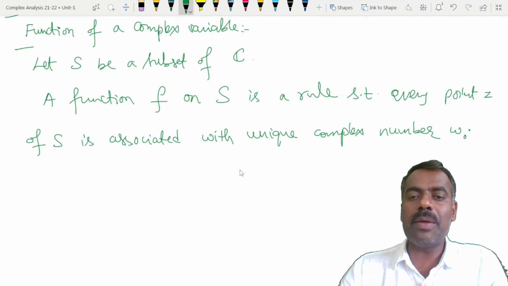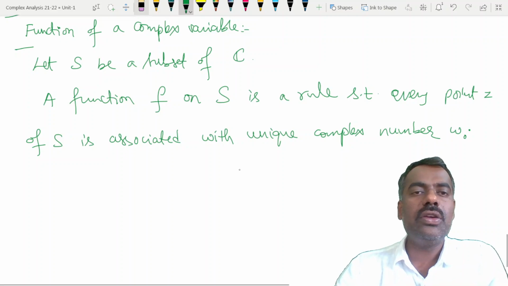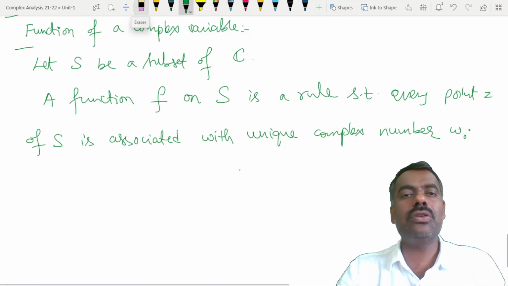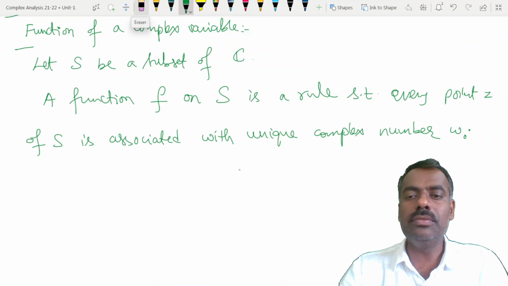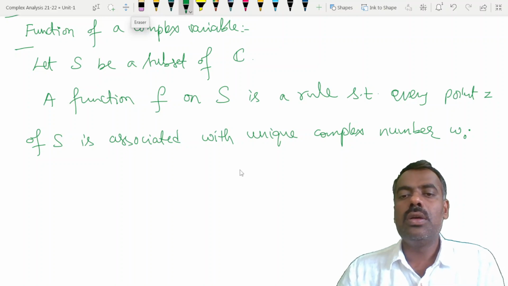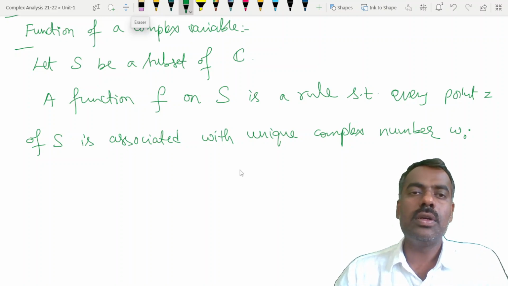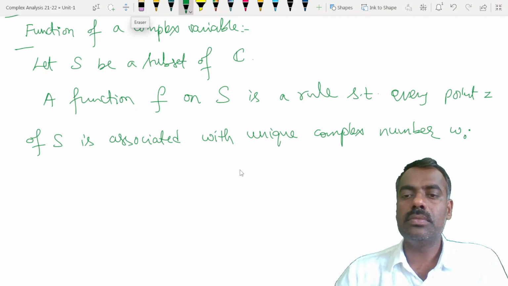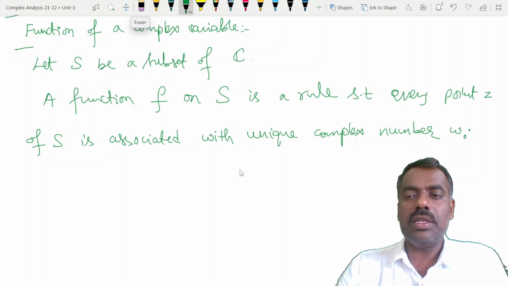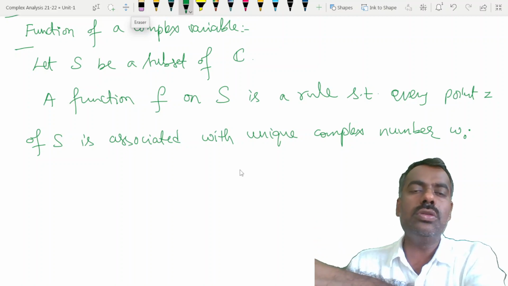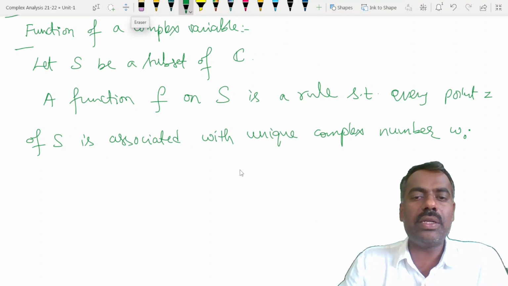Whether it should be unique, it is not necessary, right? Two points can also go to the same number. What I'm saying here is that one point cannot go to two numbers; that is the meaning of this. Is this clear?